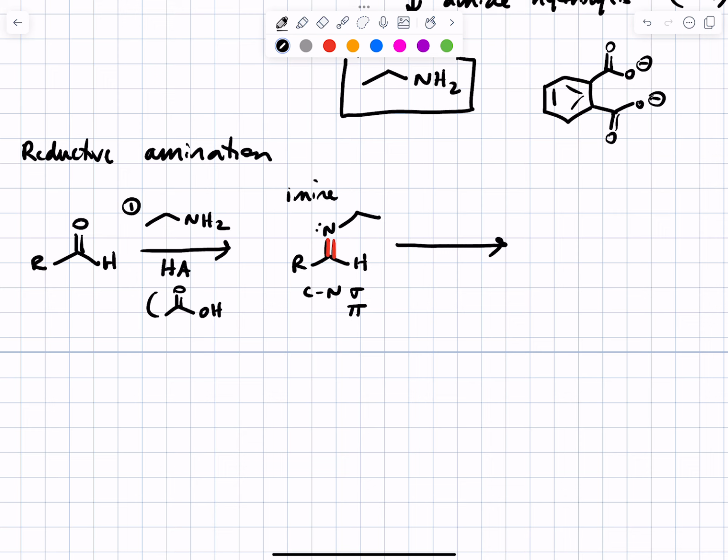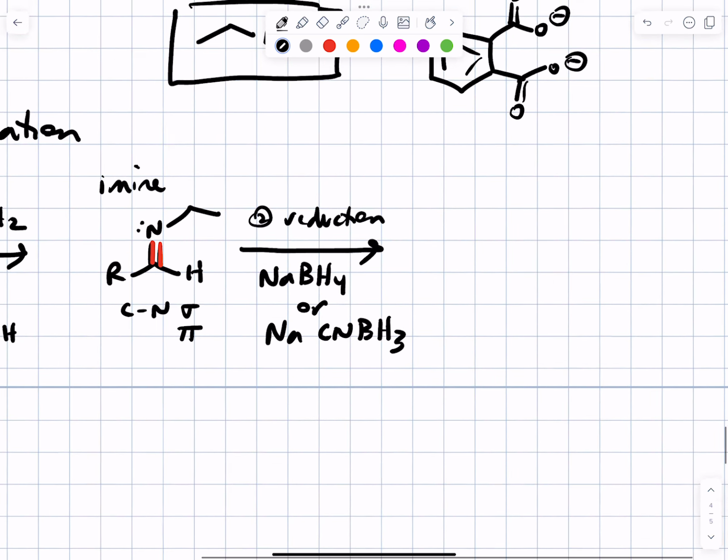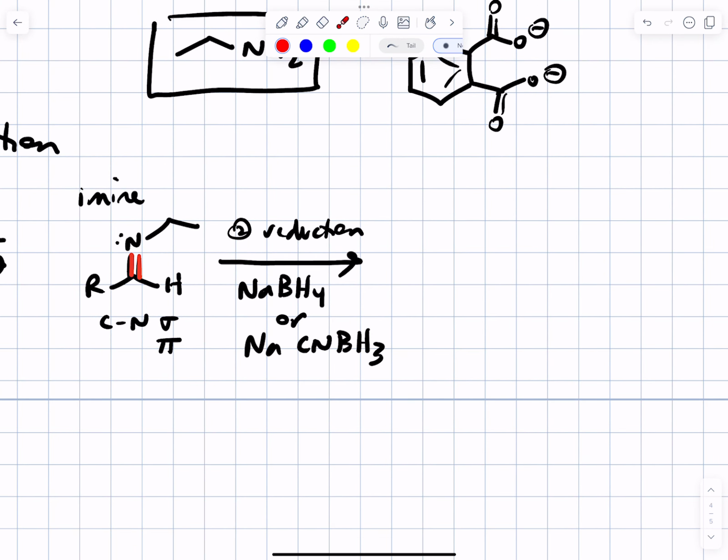In the second step, you do a reduction reaction. The reagent we've used was sodium borohydride. Your text may introduce another reagent called sodium cyanoborohydride. This is just a less reactive version of sodium borohydride. This delivers a hydride to the carbonyl carbon, and then the nitrogen picks up a proton. That's going to reduce the pi bond and leave us only with the new carbon-nitrogen sigma bond.